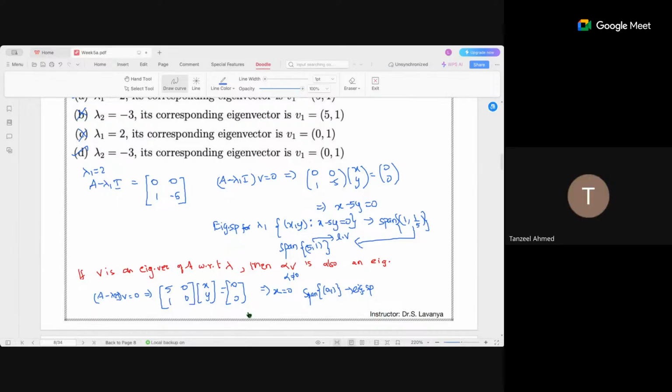Yes, yes. So when we wrote TV equals lambda V, let us say we have two eigenvalues for this particular matrix. Then there will be two associated eigenvectors, one for each eigenvalue. So we'll have lambda 1, V1, and lambda 2, V2.